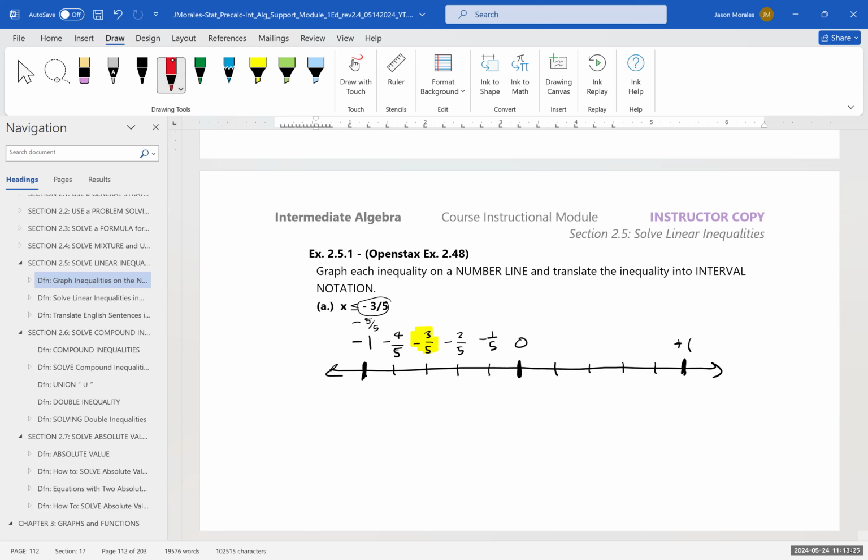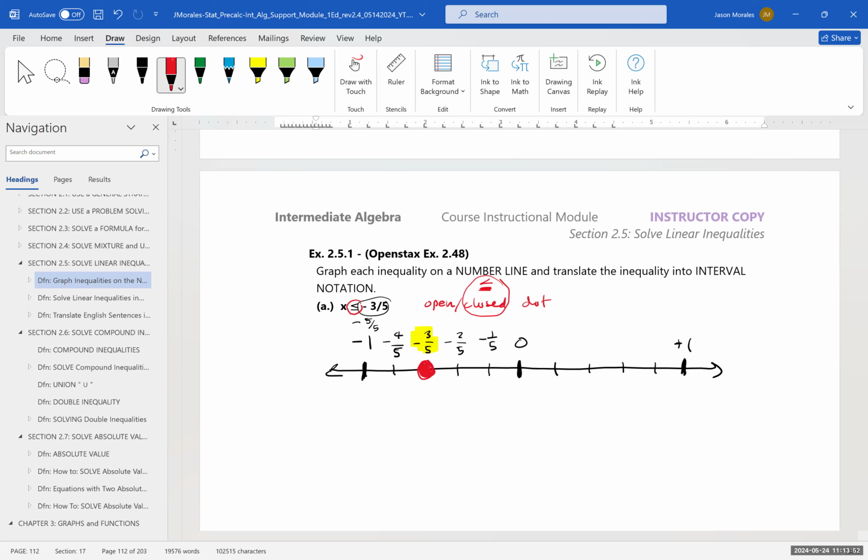So which are we going to use? Well, our inequality is less than or equal to. So the rule is if it's equal to, then we're going to use a closed dot. So here at -3/5, we're going to use a closed dot.